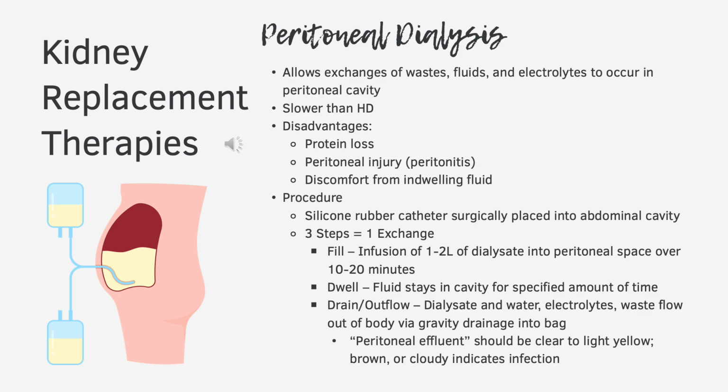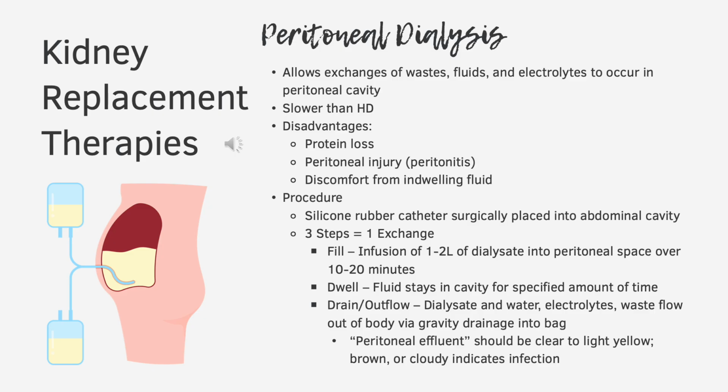All right, for our last slide here, we're going to discuss peritoneal dialysis. This is an alternative to hemodialysis to help manage that advanced chronic kidney disease. Peritoneal dialysis allows for the exchange of waste, fluids, and electrolytes directly in the peritoneal cavity using the peritoneal membrane as a natural filter. Unlike hemodialysis, peritoneal dialysis is slower and it requires more time to achieve similar results.